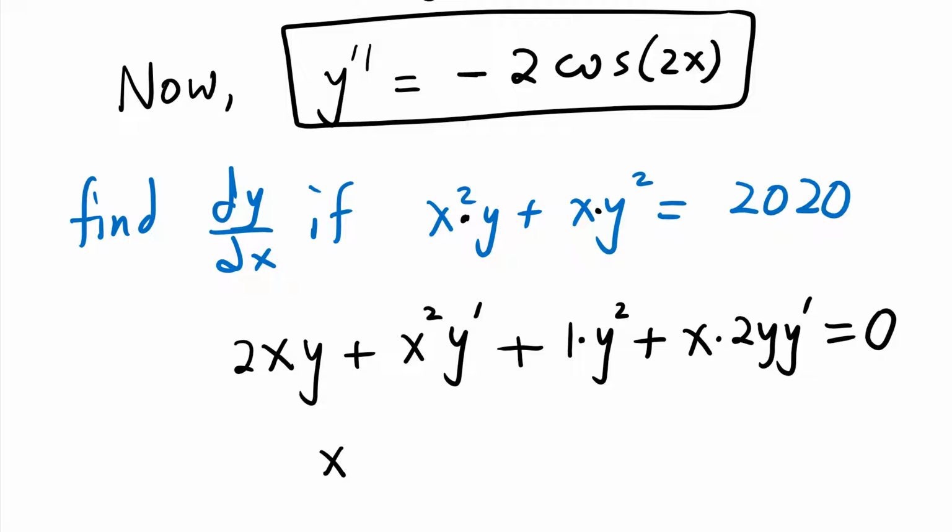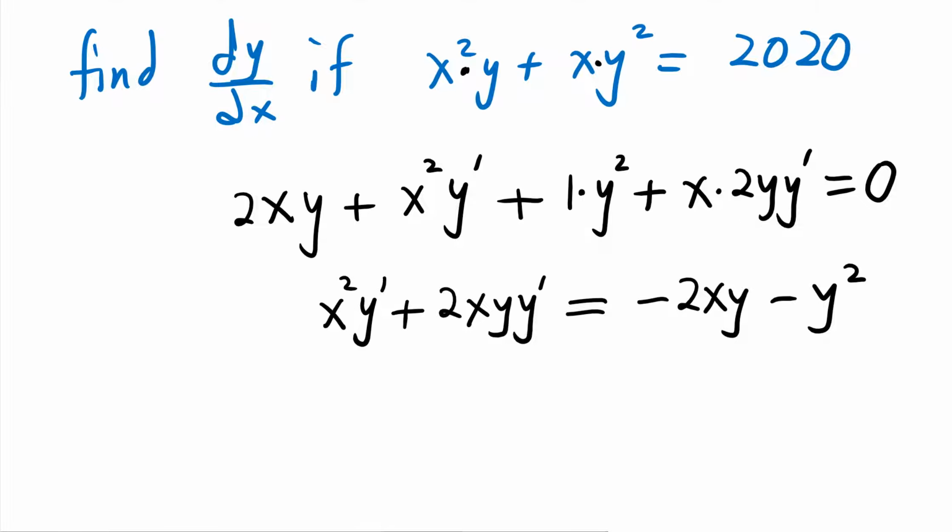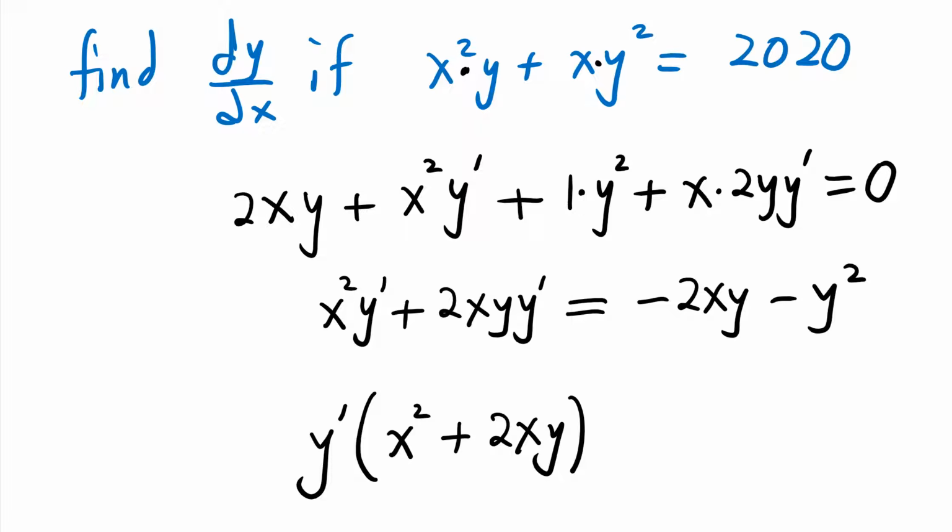Now we need to find y prime. So keep x squared y prime the same plus 2xy y prime the same. You can subtract 2xy and y squared. Take y prime out. That will give x squared plus 2xy equals negative 2xy minus y squared.